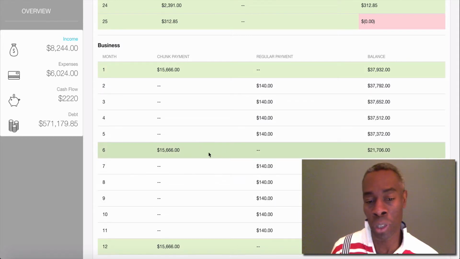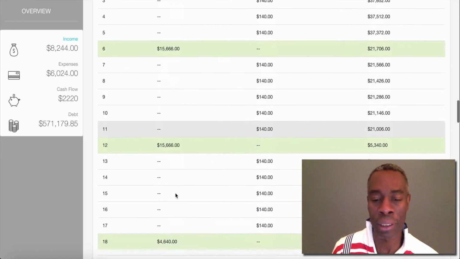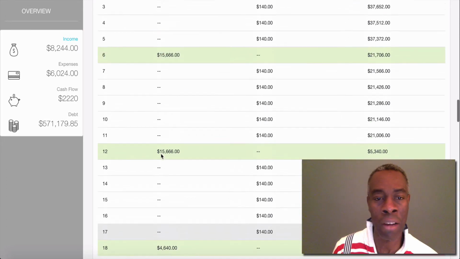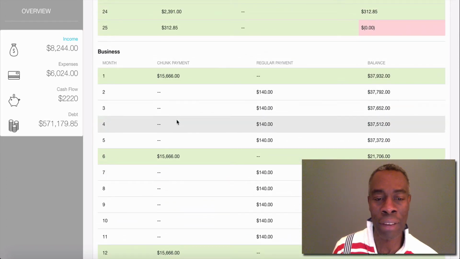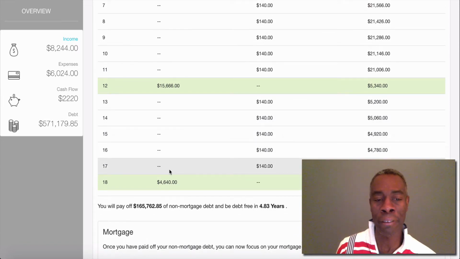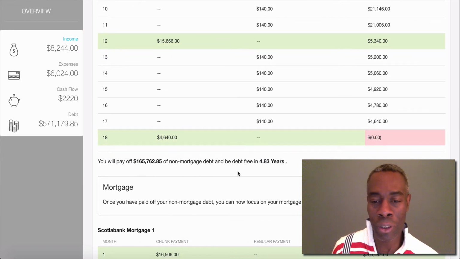The cash flow pays off the chunks. You just keep doing that, rinse and repeat. In about 17 months, you've paid off, I think, about $65,000 in debt. So just over a year and a half. You get a nice report at the end, showing how long it's going to take you.